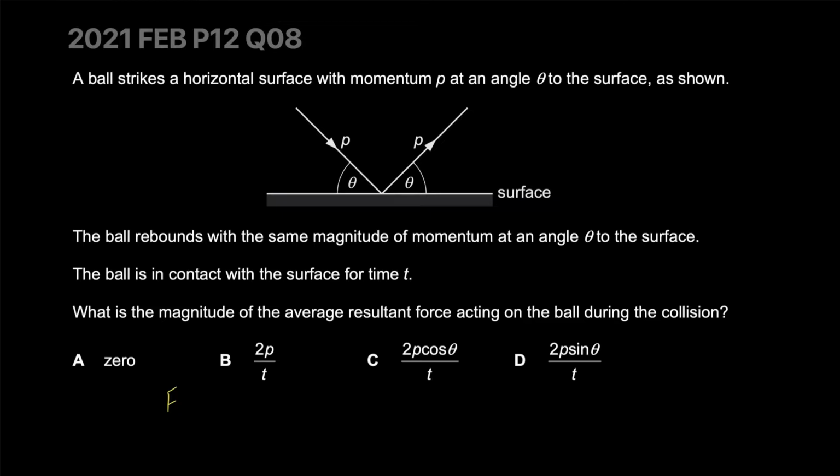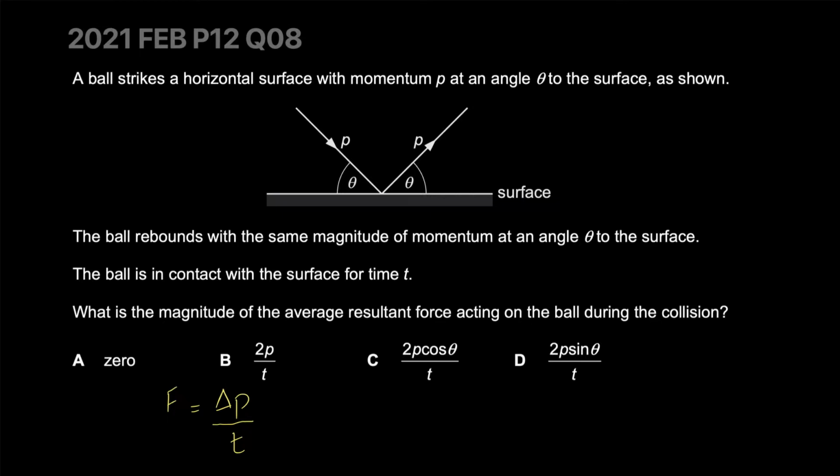And the relationship between force and momentum is the change in momentum per time. That's the relationship. Now, not all the components of this momentum vector are changing, and you can tell which one is changing. Only the vertical component is changing, because it's here, then it's going out there like that, but the horizontal remains the same.